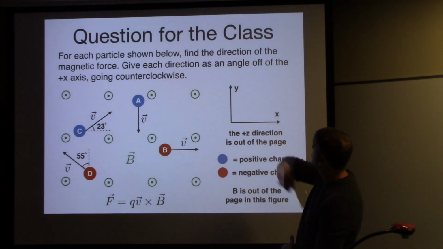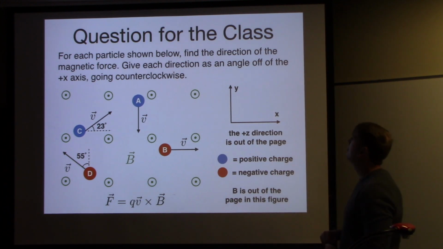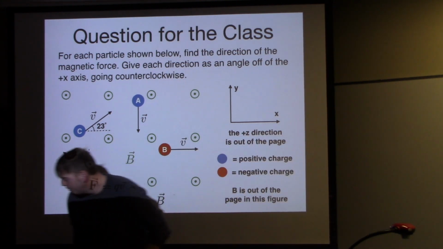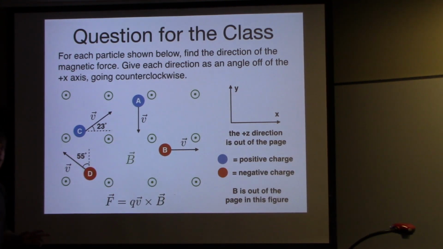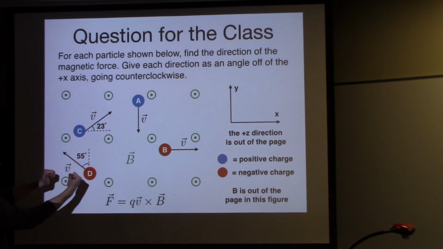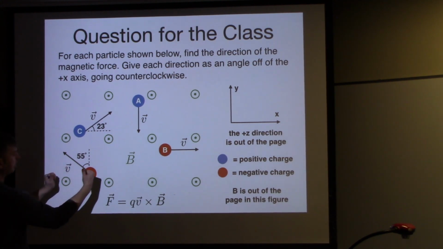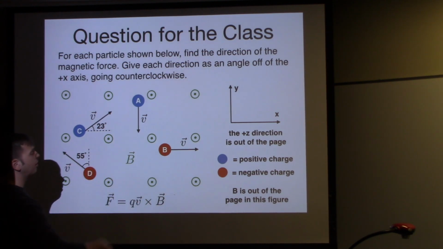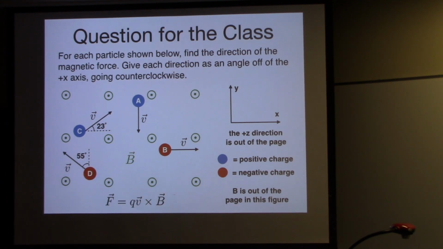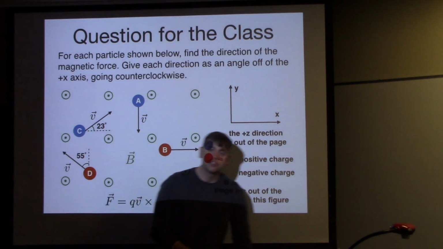So it says give each direction as an angle off the positive x-axis going counterclockwise. To set this up, first note that the B field isn't the same as in the previous example. Now the B field is coming out of the page. So imagine these lines are coming out at you, out of the page. And then we have a bunch of different charges, A, B, C, and D, moving in the plane of the page. For each one of these, we're going to figure out what direction the force is.